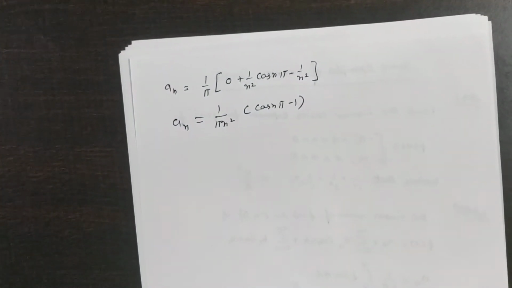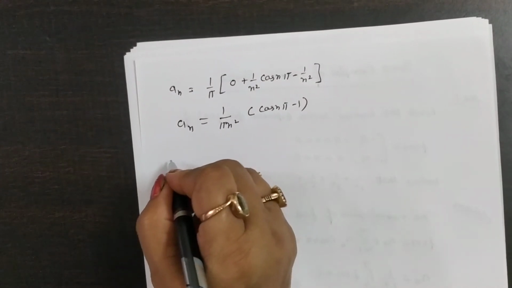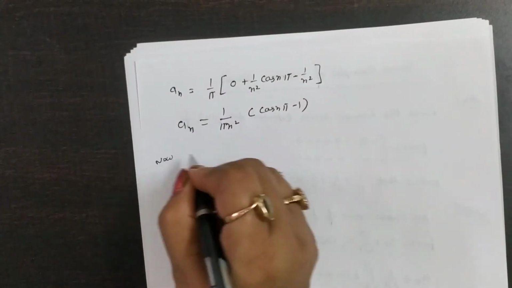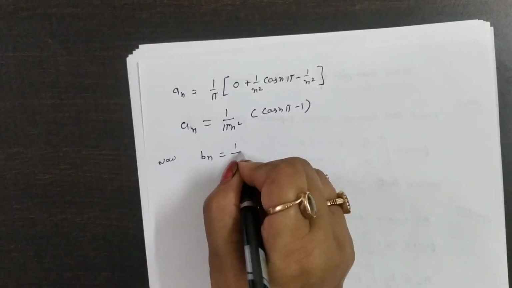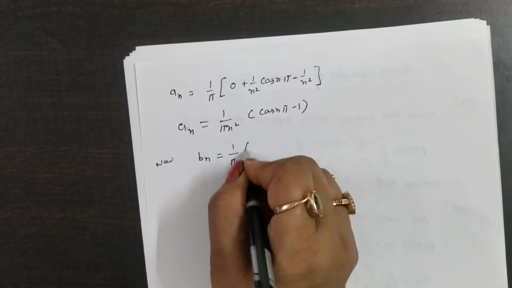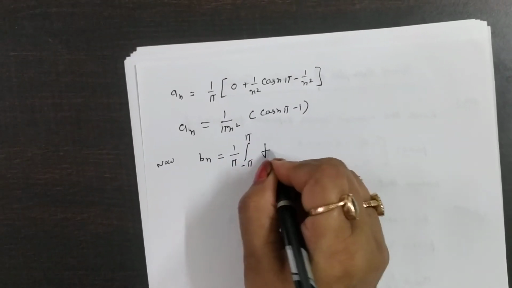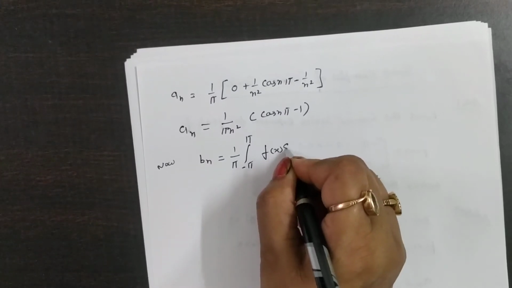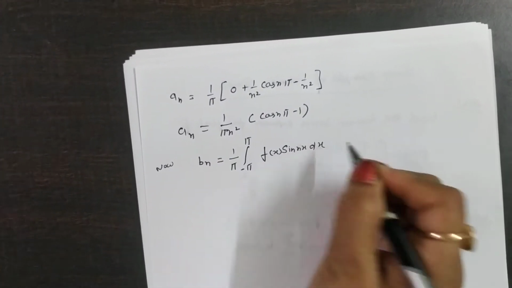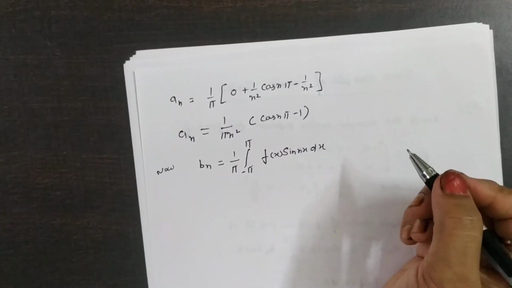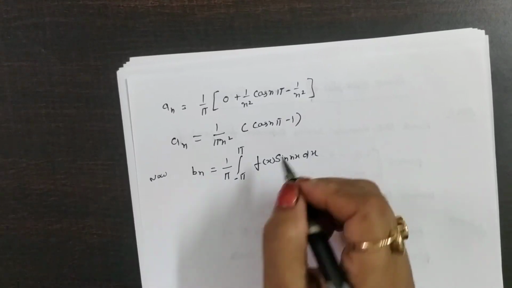In the same way, you can also find the value of bn. You know the result for bn, which is defined as 1 by pi, integral from minus pi to pi of f(x) sin nx dx. For the same process, you divide this integral from minus pi to 0 and then from 0 to pi.